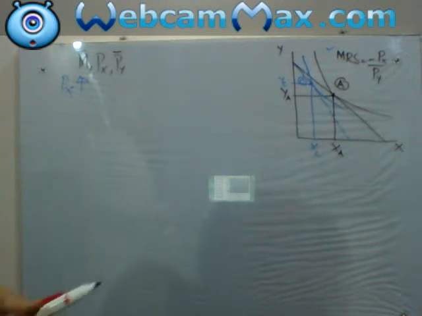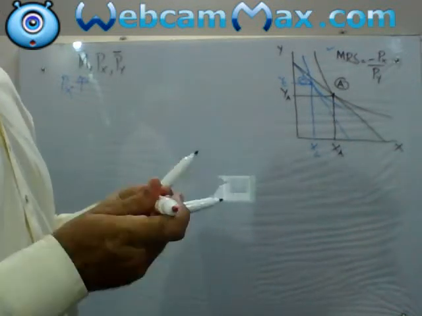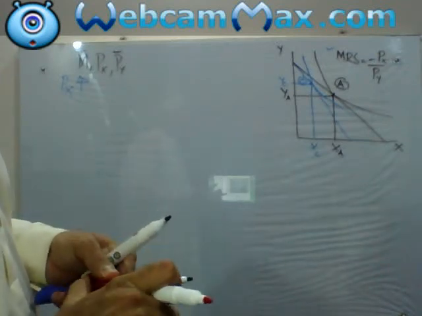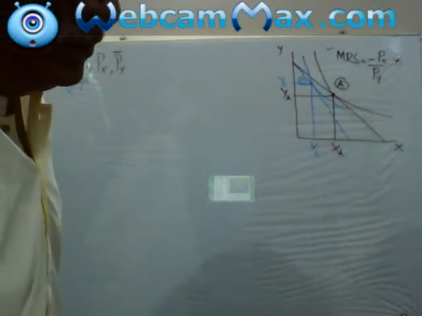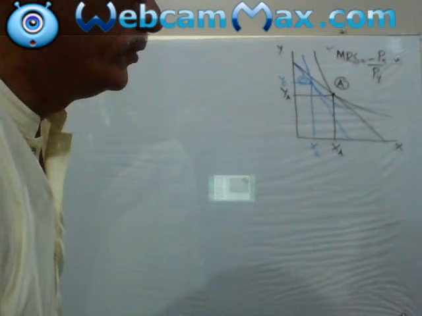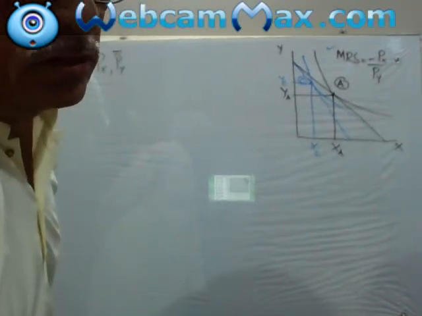Now suppose we assume that the consumer's real income doesn't change. Consumer real income not changing means that the consumer remains on the same preference level. The price ratio changes, but consumer satisfaction remains unchanged. Okay.